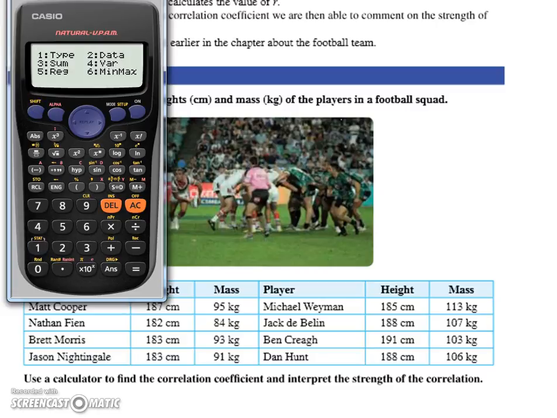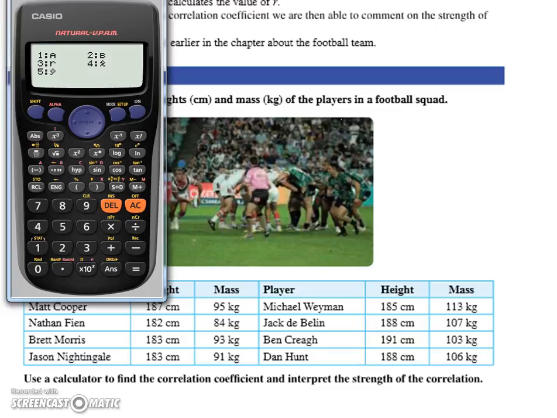What we want to do this time is find the correlation coefficient of the regression line, or the line of best fit. The reason I used all the words there is because what I want you to remember is REG for regression. So we hit 5, and that will give us all these options. Don't worry about all of them.